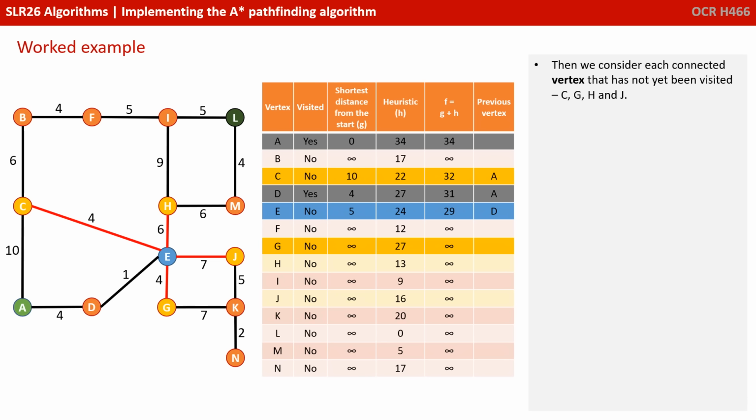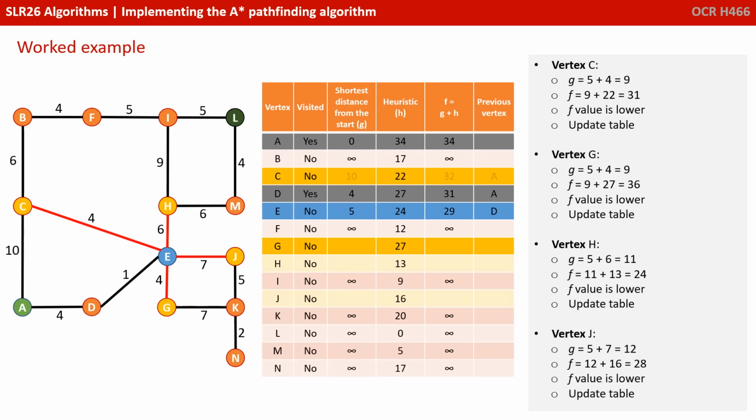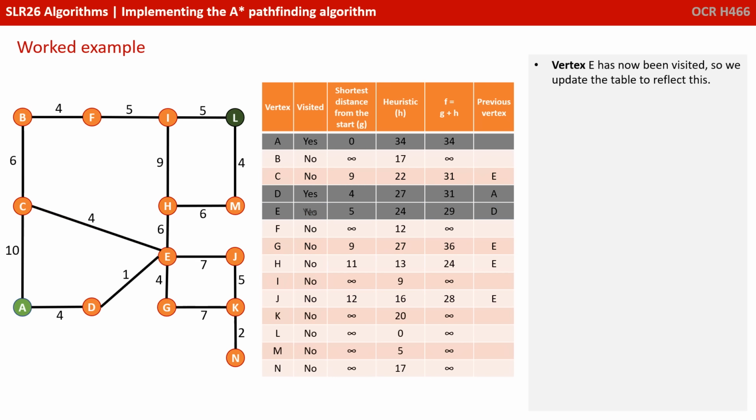So that's C, G, H and J. You can see here we've calculated all the G and F values, and for every single one of these calculations the F value that was produced was lower than the one that already existed, which was infinity. So we update the F values and set the previous vertex as E for all of those. So we're done with vertex E, it's now been visited, so we update the table to reflect this.